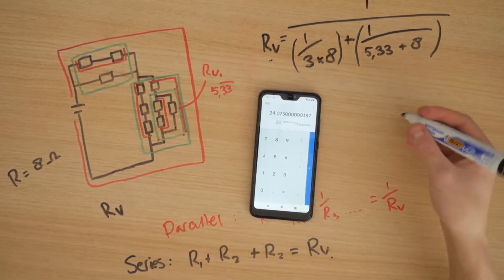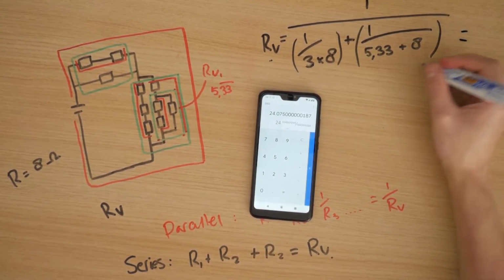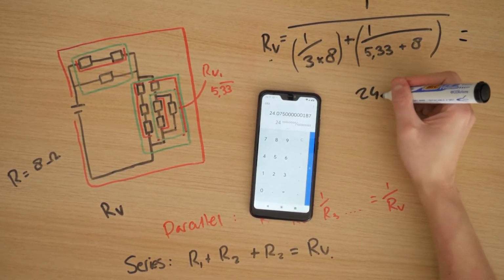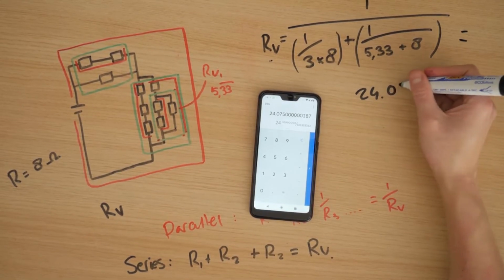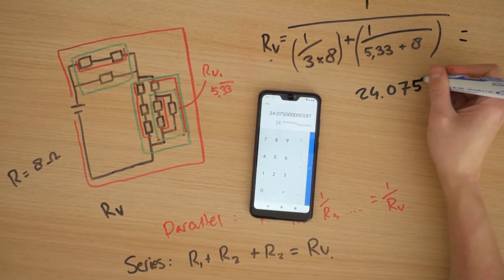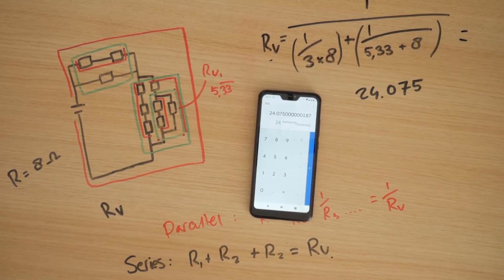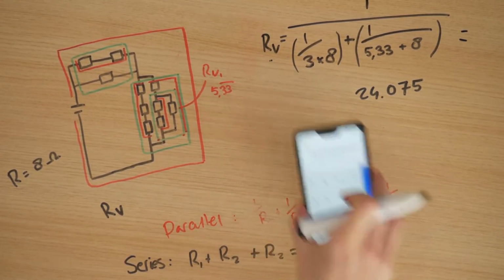And we end up with 24.075 and some stuff behind it, which I don't really care for.